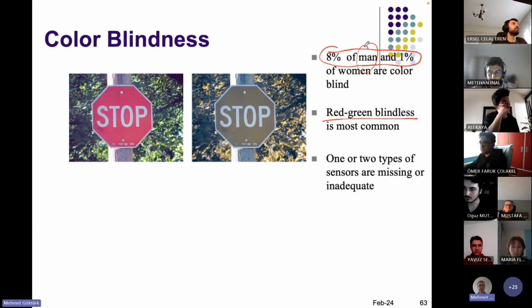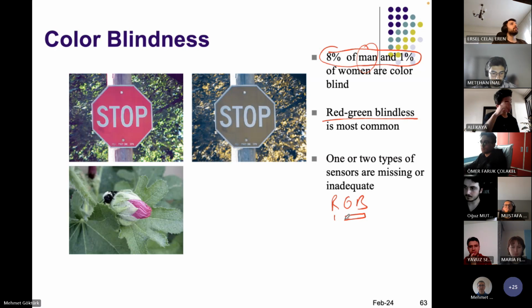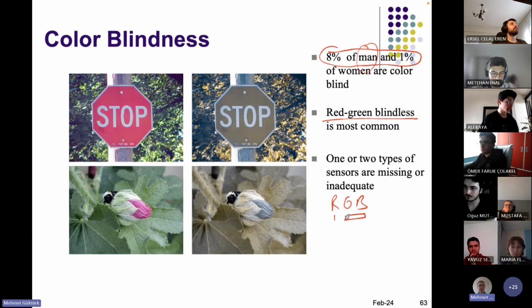Since we have RGB, one or two types, usually these two, are missing. So colorblind people perceive things on the left as things on the right.